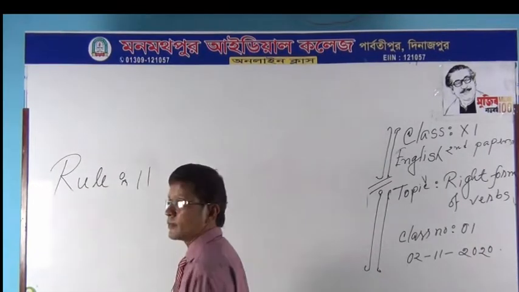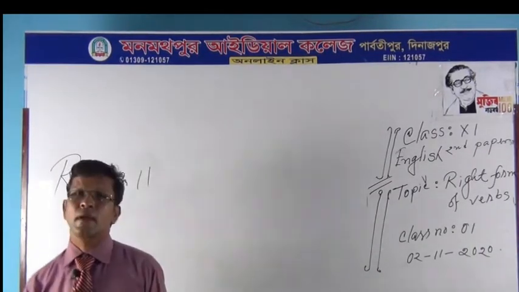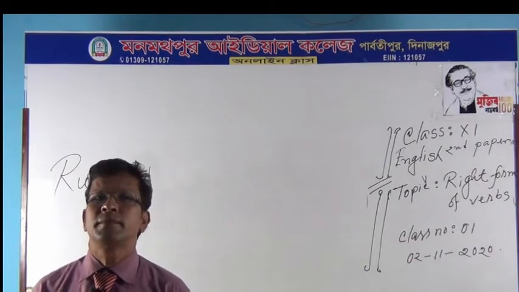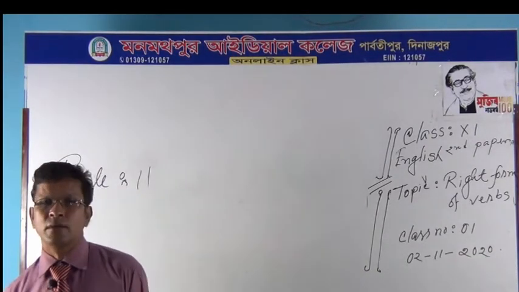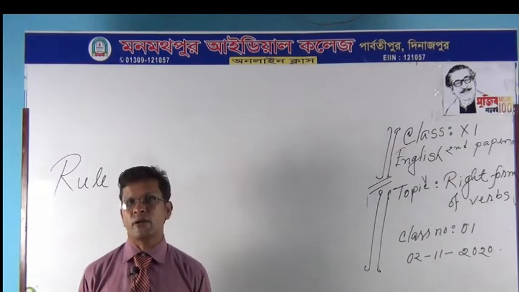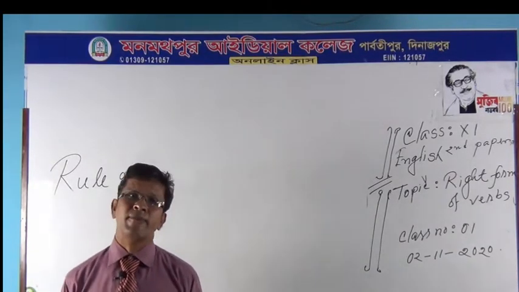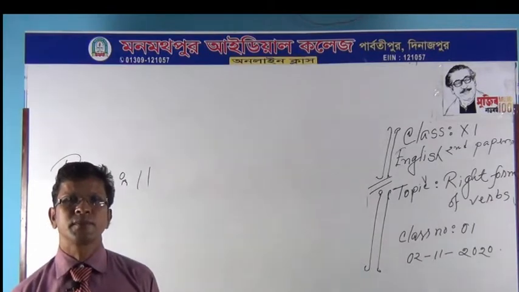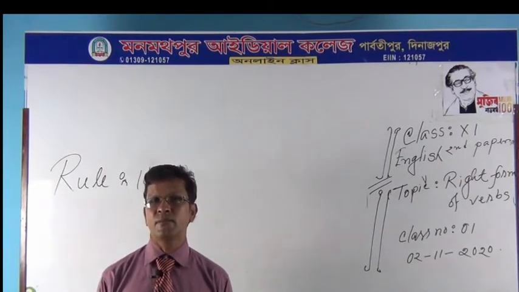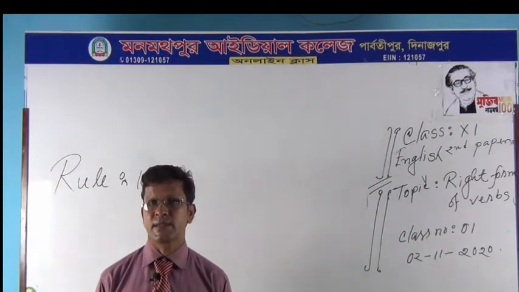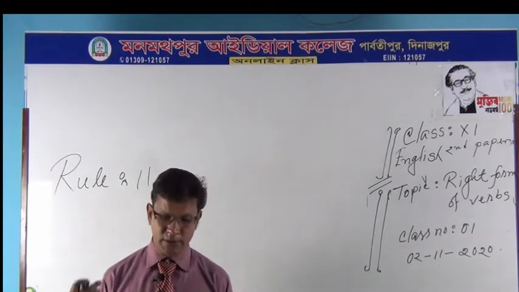Rule number 11. If you find "and", "but", "or", "either...or", "neither...nor", and if you find two verbs, both the verbs will be in the same form, same tense. Have you understood? Notice now.